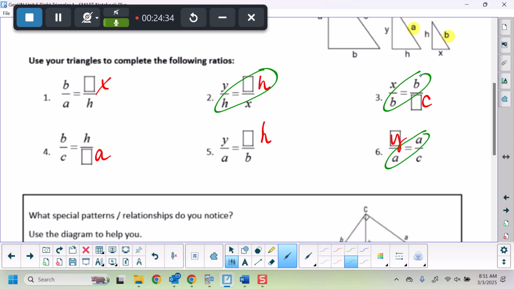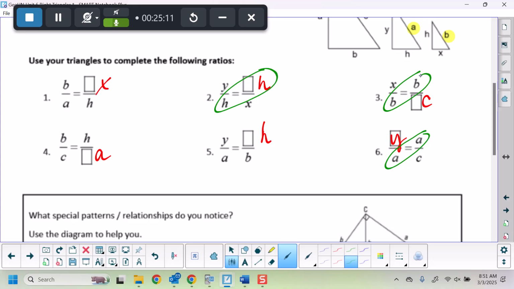Carl, put your head up. That A and that B are serving double duty. Do you see how in one reference they're the hypotenuse? Do you see how in another story they are the legs of the big original triangle? That's kind of cool, isn't it? Those legs of the large triangle are the geometric means between these values, x and y, and the hypotenuse. So we're going to learn that that relationship exists too.